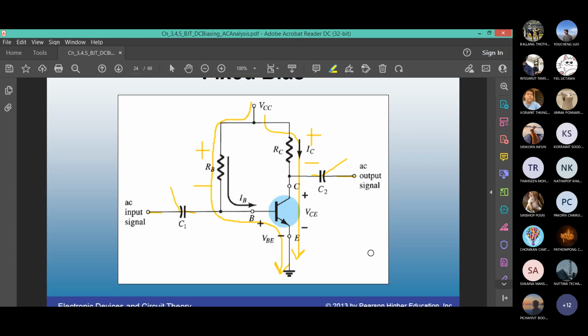IC equals, do you remember? IC equals C times dV over dt. Capacitor current is C dV over dt.